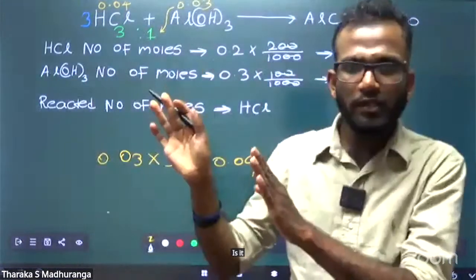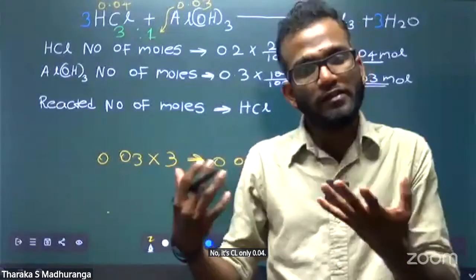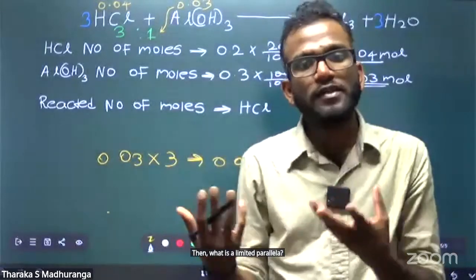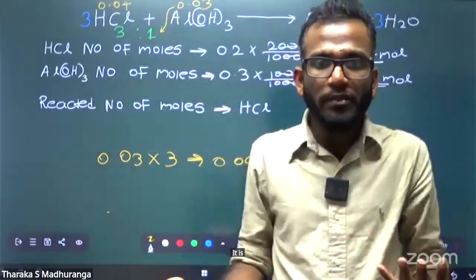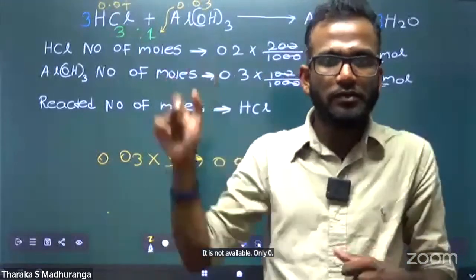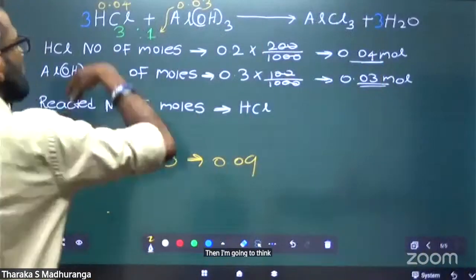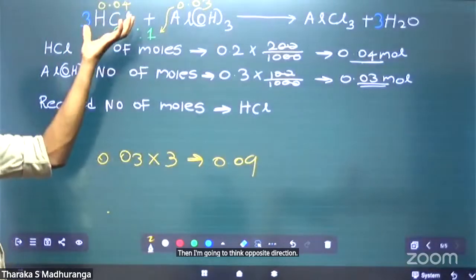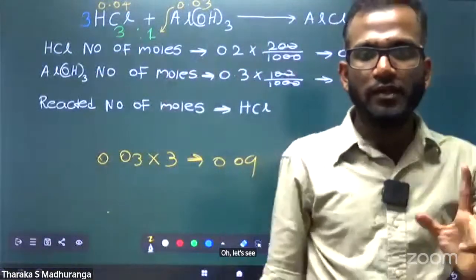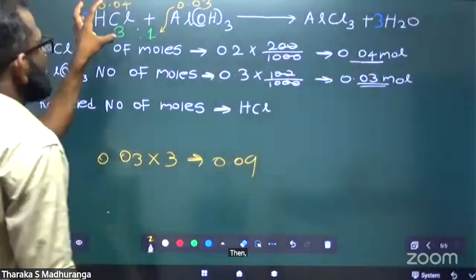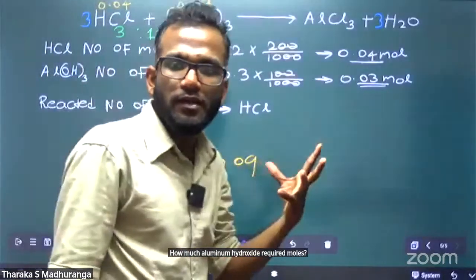Is it available? No, HCl is only 0.04. Then what is the limiting one, Rella? HCl is the limiting reagent. It is not available, only 0.04. Then I am going to think in the opposite direction. I think all HCl reacted. If all HCl reacted, how much aluminium hydroxide is required in moles, Kabir?